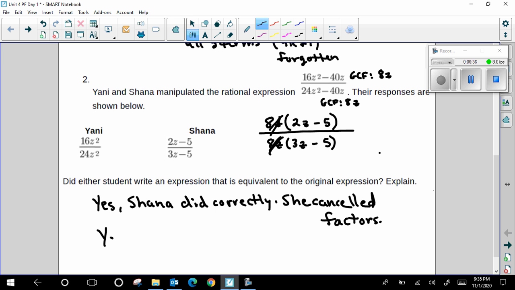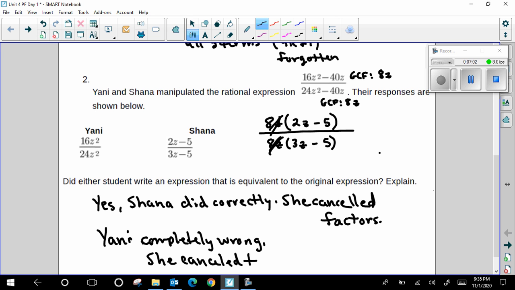Okay, so Yanni did something completely wrong, and she canceled out the negative 40z's. Common mistake, but it's completely wrong. She canceled out terms, negative 40z over negative 40z.